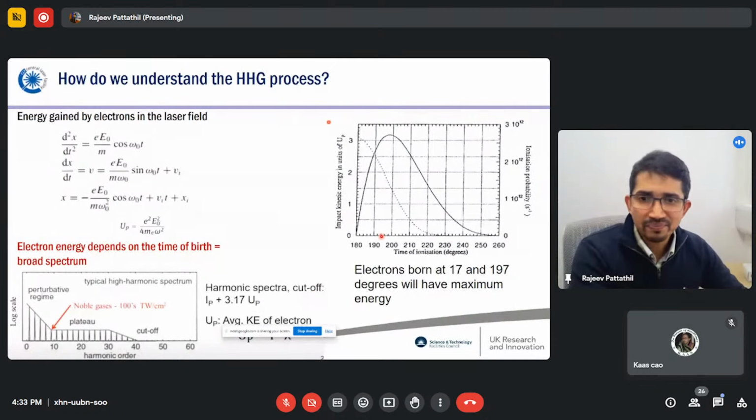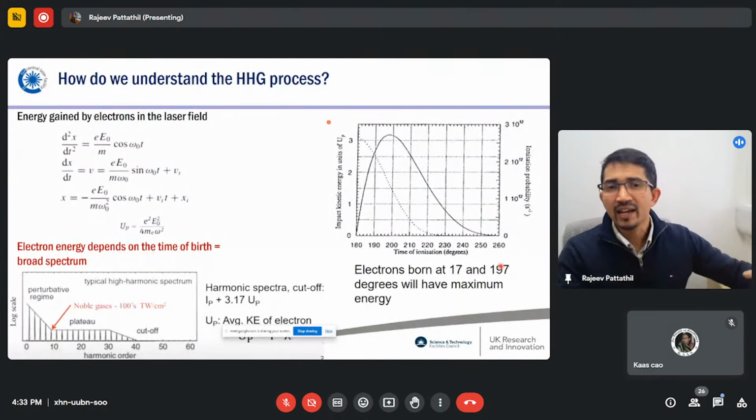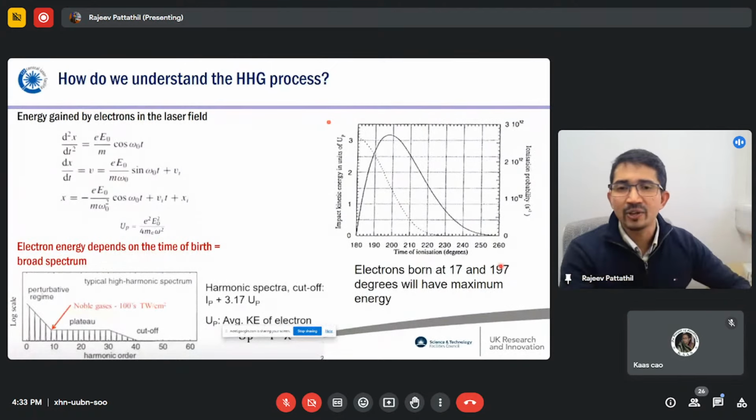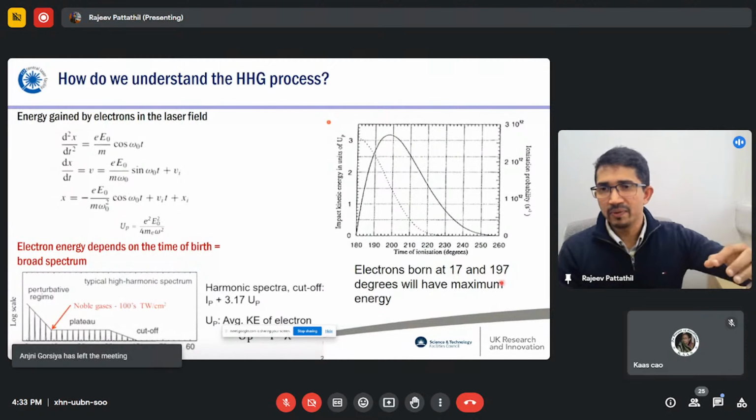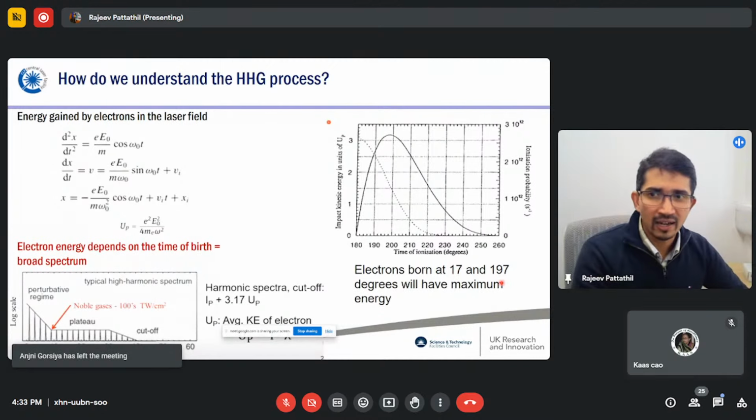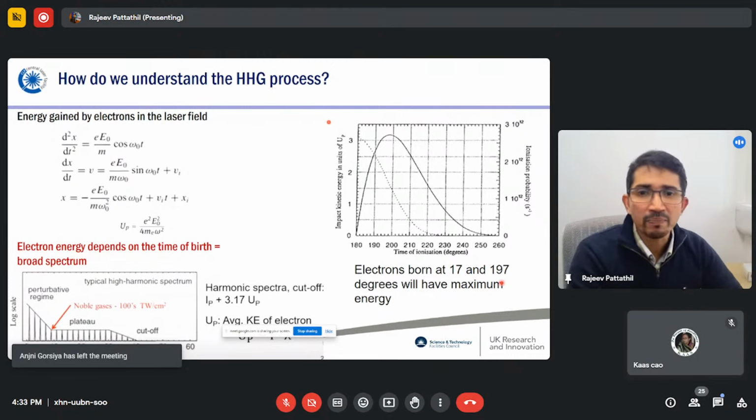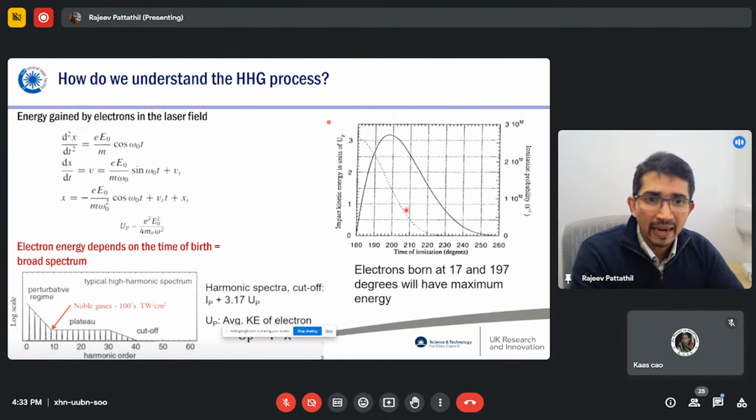at 17 degrees and 197 degrees. Basically, if you assume one cycle is 360 degrees, you can see 17 is just before the peak, and 197 is just before the peak of the other half cycle, and that's when you get maximum energy harmonics, and this could actually explain the entire high harmonic spectrum.